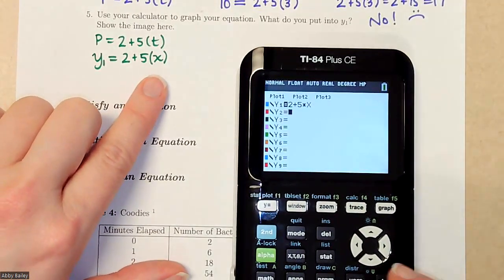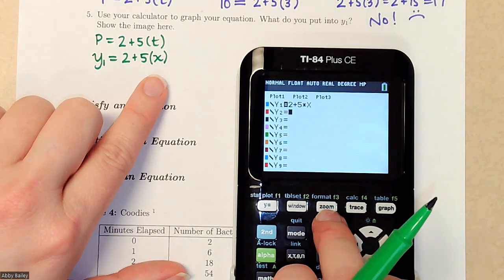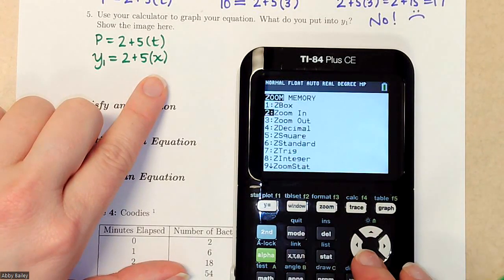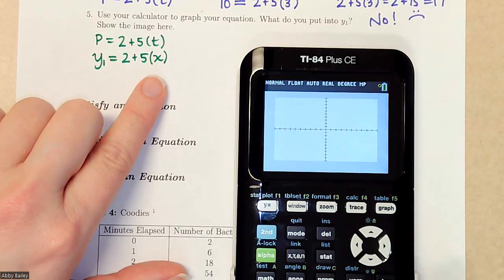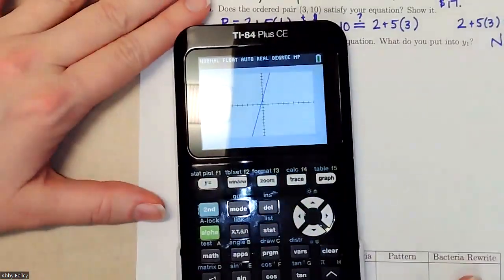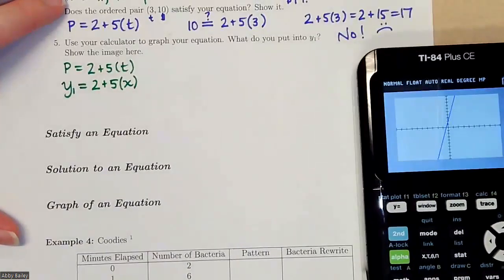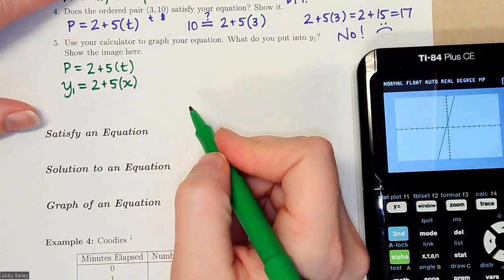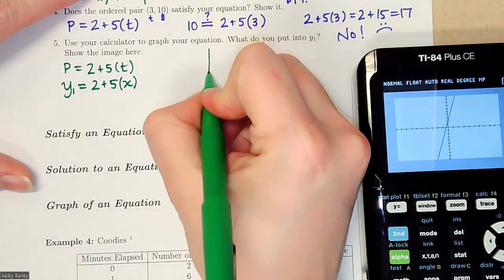When I graph, I usually like to start in standard. So I'm going to go to zoom and go down to standard size of a graph and hit enter. Voila. Okay, so I'm going to copy that down.